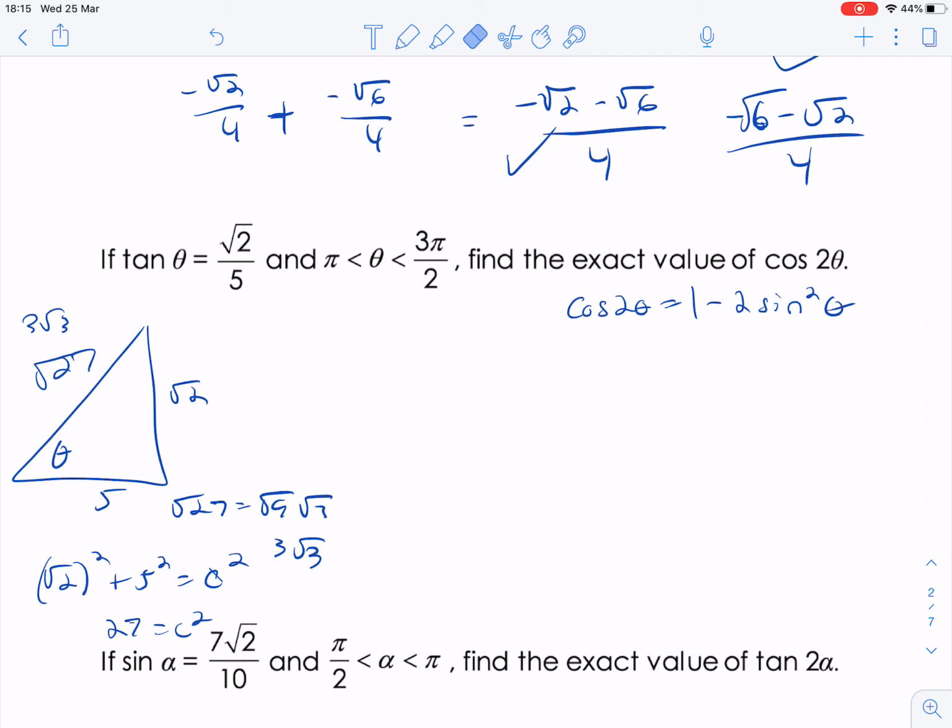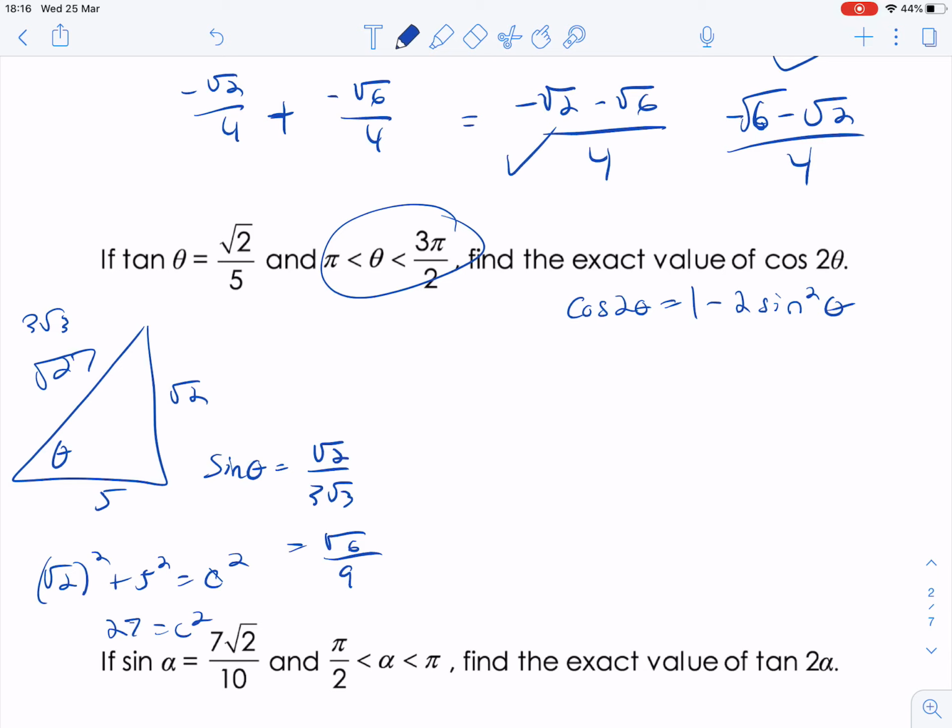All right. So if that's 3 square roots of 3, we can find our sine. So sine of theta is going to equal square root of 2 all over 3 square roots of 3, which is going to equal square root of 6 over 9. Now we've got to determine what sign it is. It's between pi and 3 pi over 2, so it's going to be negative. Okay. So let's plug it in.